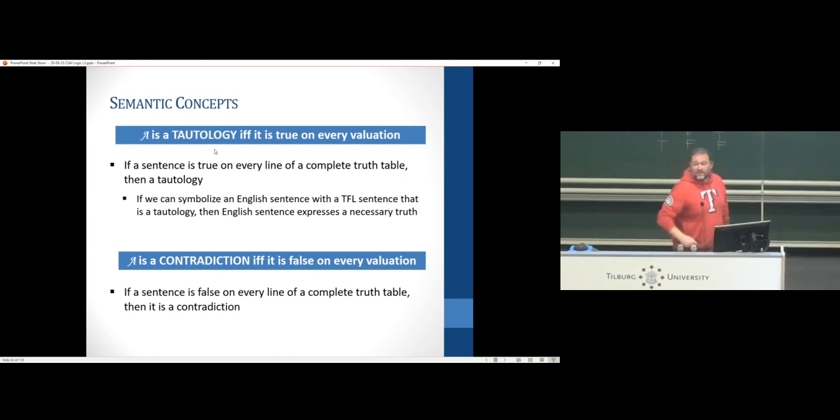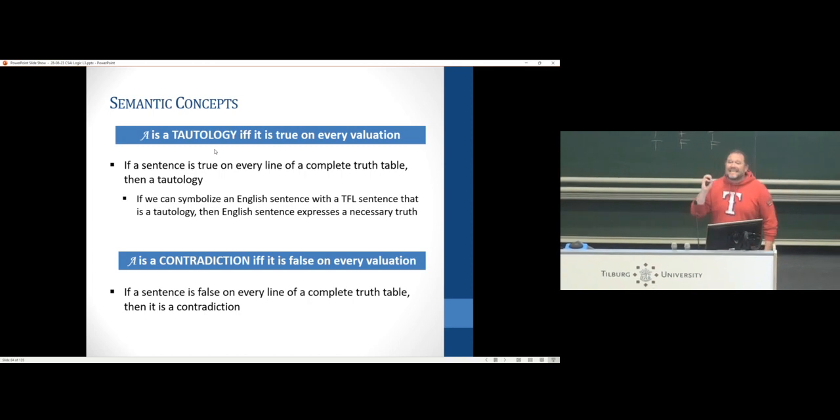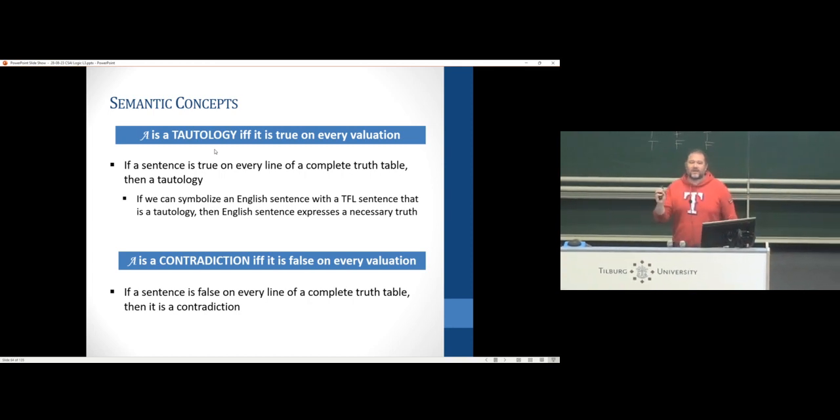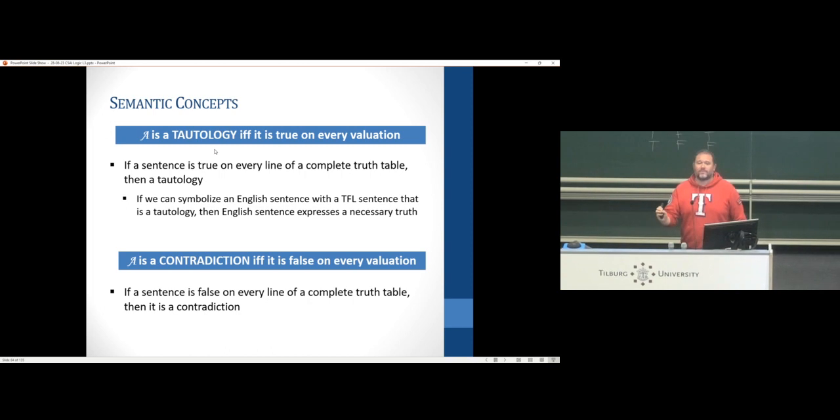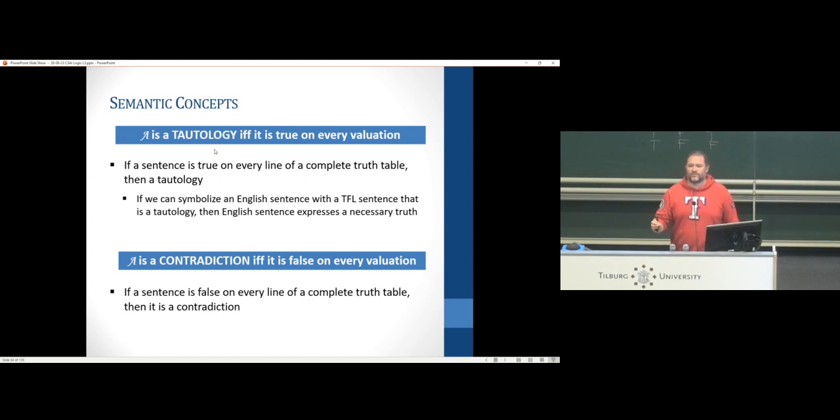Now, put another way, and this comes back to your question: the notion of a tautology is not the same as that of a necessary truth. But every sentence that is a tautology will be a necessary truth. It's important to get that.